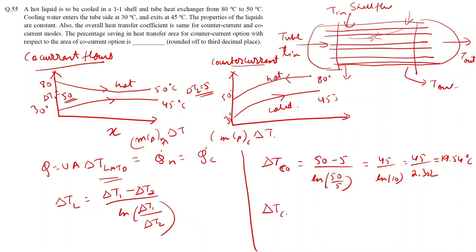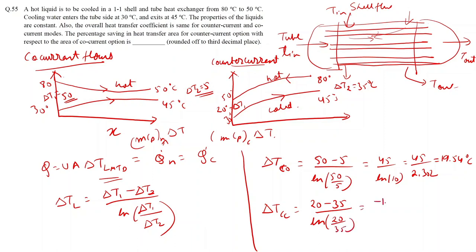Similarly, for counter current flow, here your delta T1 is 20 degrees Celsius, and on this side delta T2 will become 35 degrees Celsius. So we can write this as 20 minus 35 on ln of 20 upon 35.